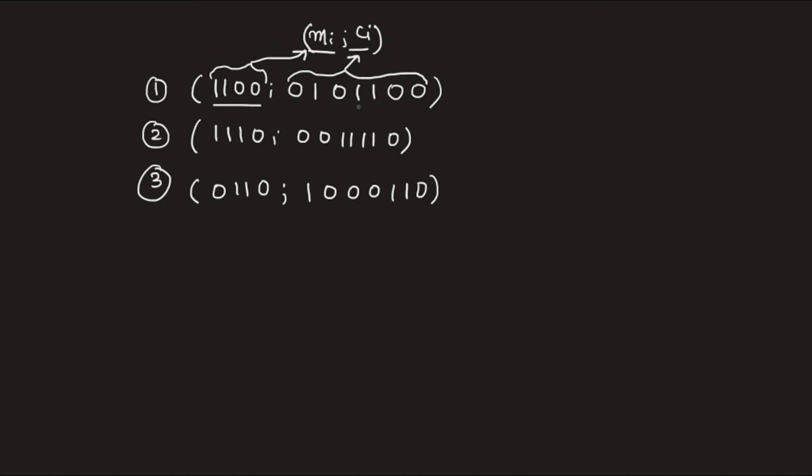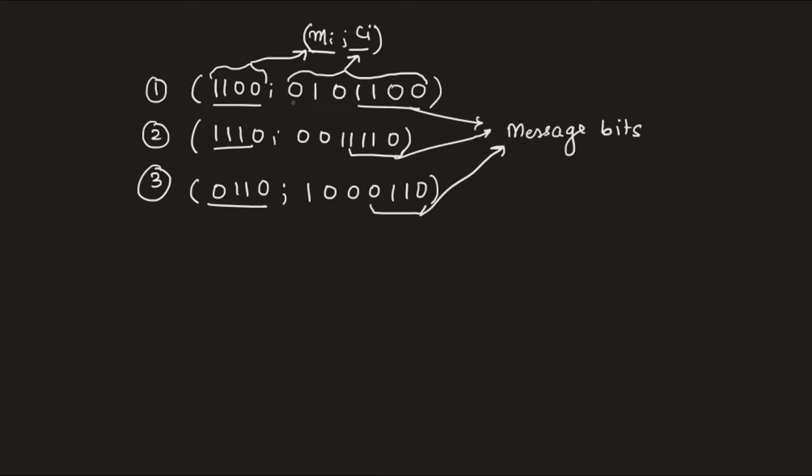We see that the message bits are the last 4 bits of the code words, and the first starting 3 bits of the code words are the parity bits. So these 3 bits are the parity bits.